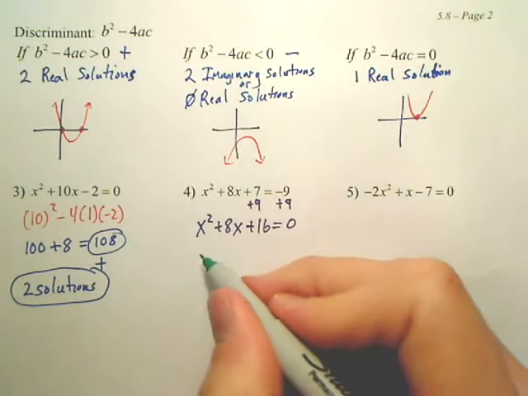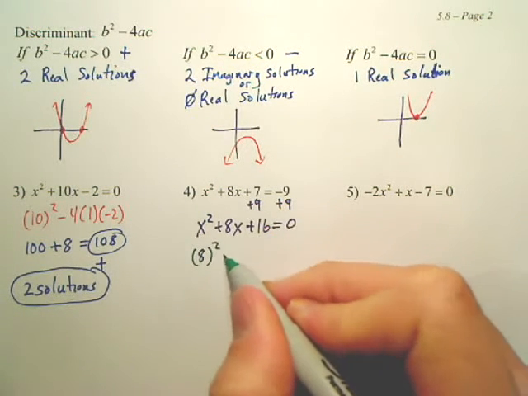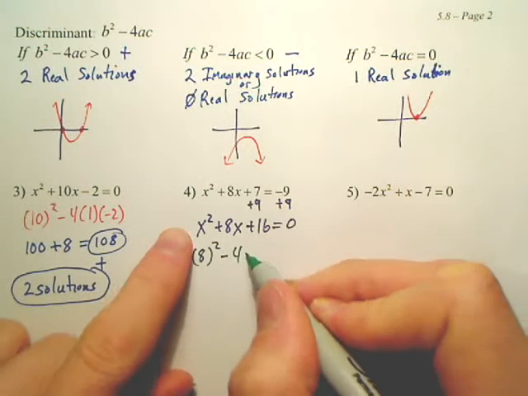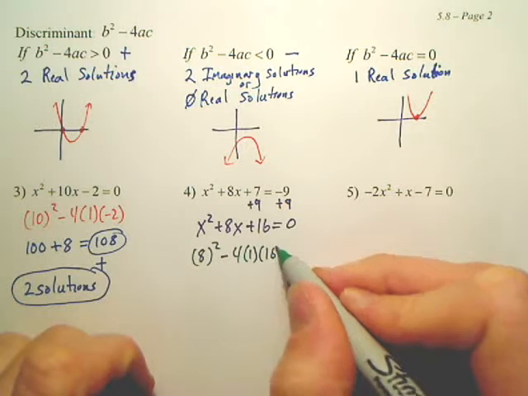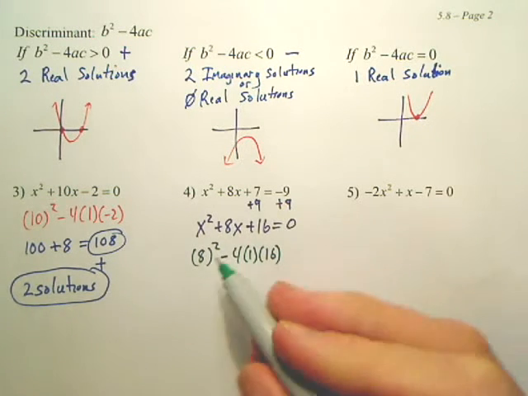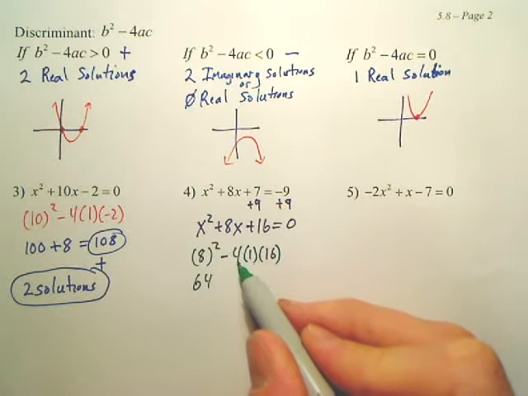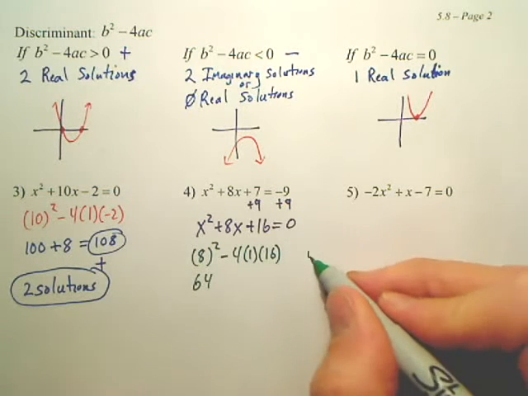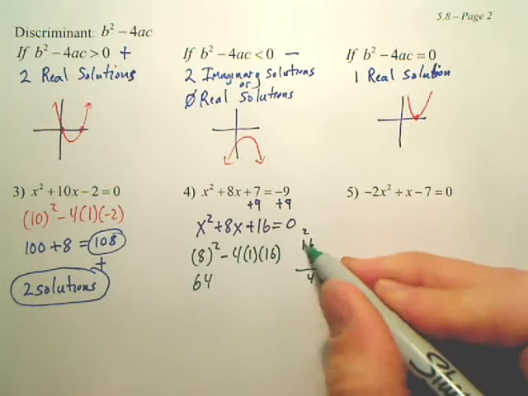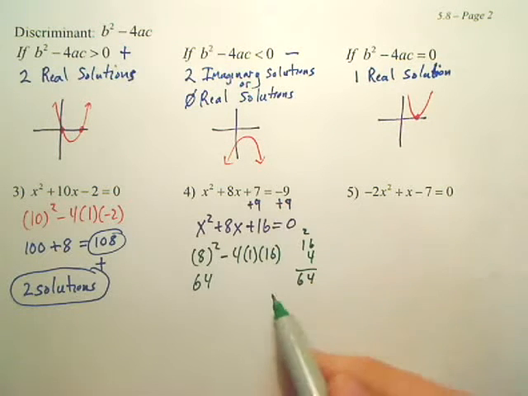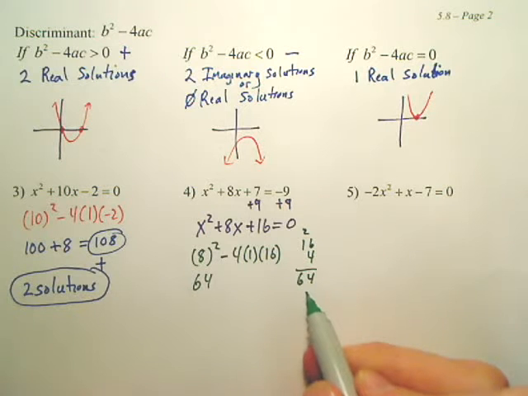So to do b squared minus 4ac, we got 8 squared, 8 is b, minus 4, a is 1, and c is 16. Looks like we have 64, and then what's negative 4 times 16? Now, if it's negative 4 times 16, so it would be negative 64?